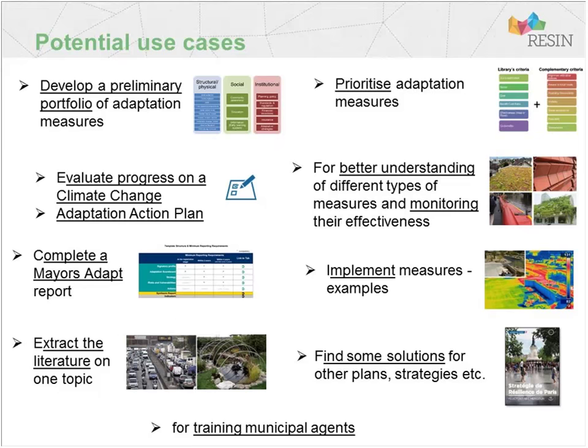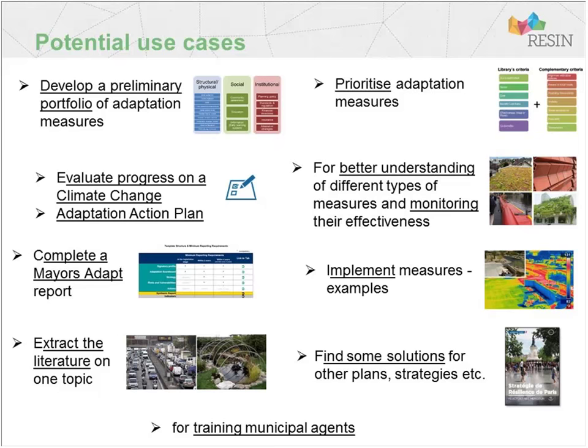It can also be used for a better understanding of different types of measures, in order to see how effective they are and how we can combine these different solutions, considering that they have different performance.